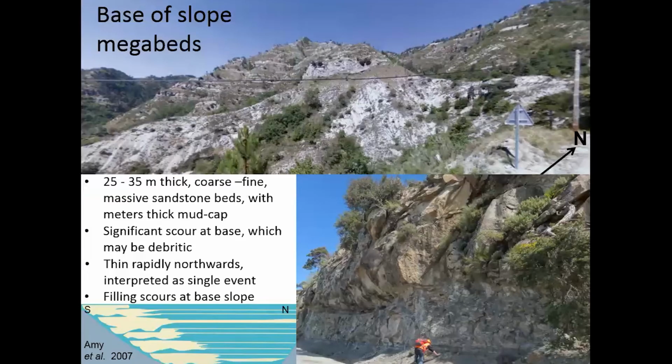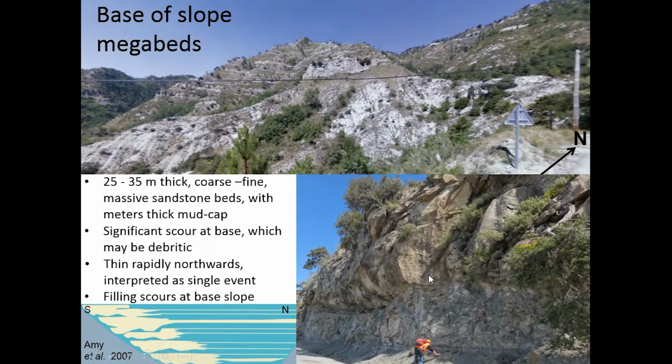So again, just to quickly run through the type of sediments and interpret their depositional environment, then we have firstly these very thick bedded, up to 25, 35 meters or so thick sandstones, which show often normal fining.